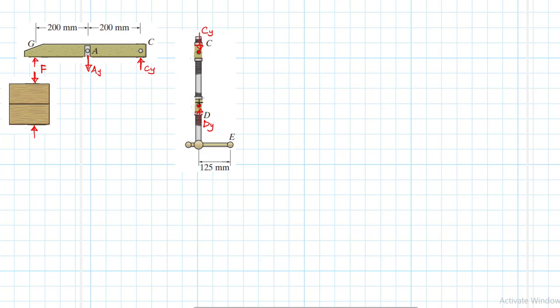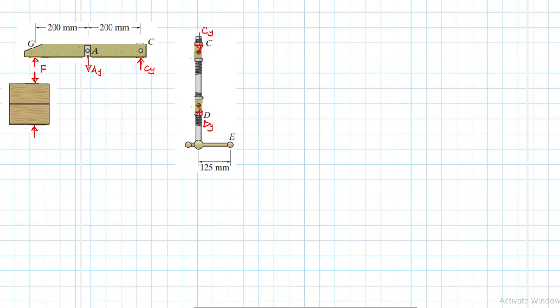So the nut at D is going down while the nut at C is going up, and therefore member GAC is rotating like this. The top part is rotating like this while the bottom part is rotating like this, hence exerting a clamping force on this board.